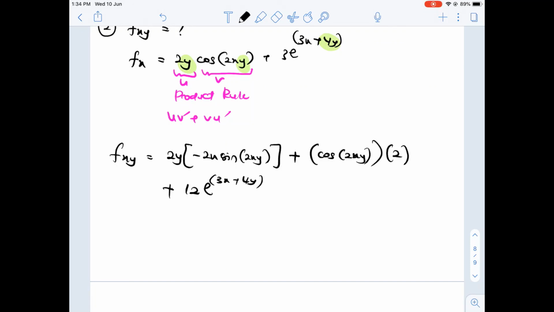Okay, so let us expand this answer. We have 2y multiplied by negative 2x, we get negative 4xy sine 2xy plus 2 cos 2xy plus 12 exponent to the power of 3x plus 4y. Okay, that's it.